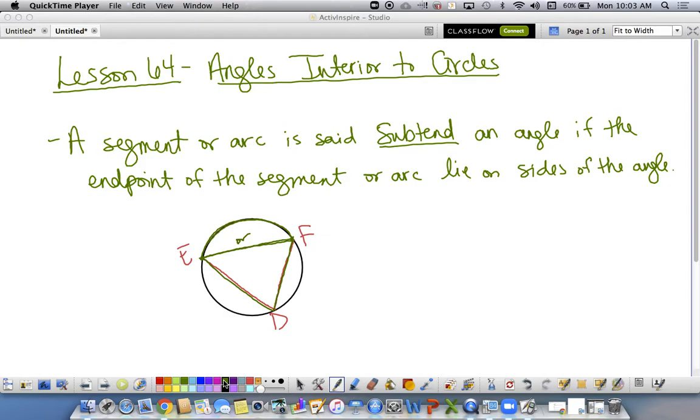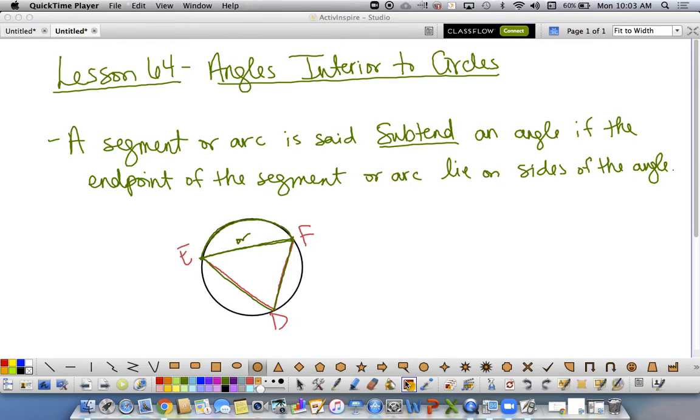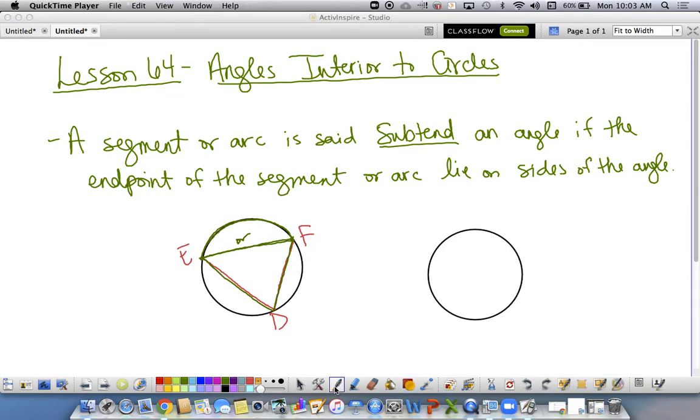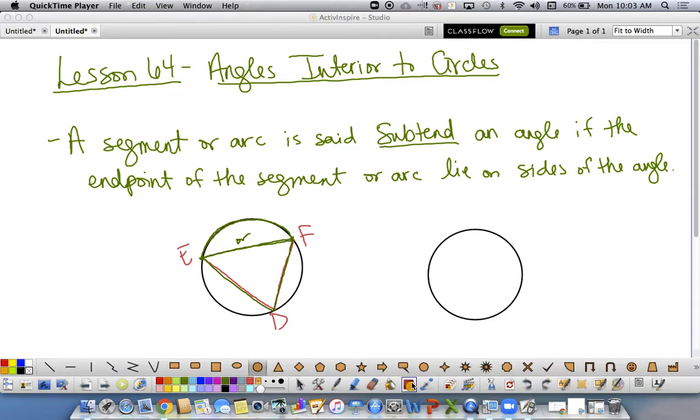So, in theorem 64-1, let's look. Now, they do it this way, but I would like to say we can do it a different way. Sometimes our sides, our lines, let's go back to this. I'm just going to do lines, will be on the outside.